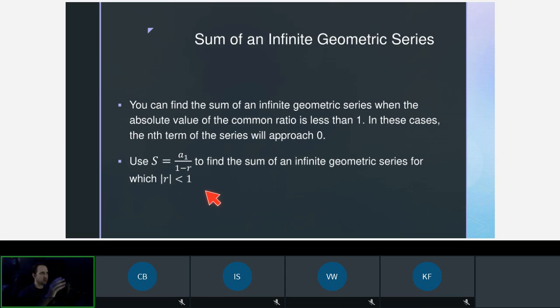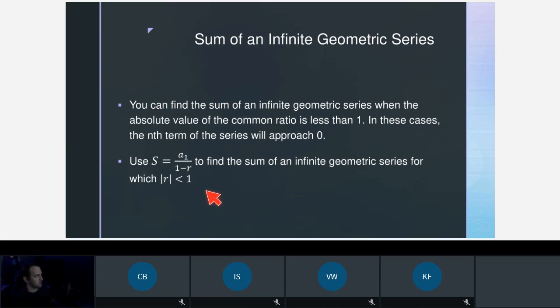So let's say I started at 1 and the common ratio is 1/2. 1 times a half is a half. A half times a half is a fourth. A fourth times a half is an eighth. An eighth times a half is a 16th. So as the sequence goes on, it gets smaller and smaller. So in those cases, we can actually add up all those terms and get a finite solution.